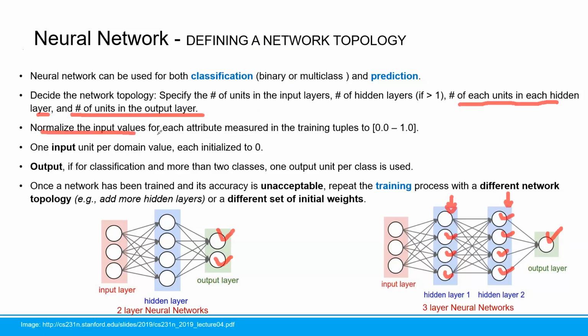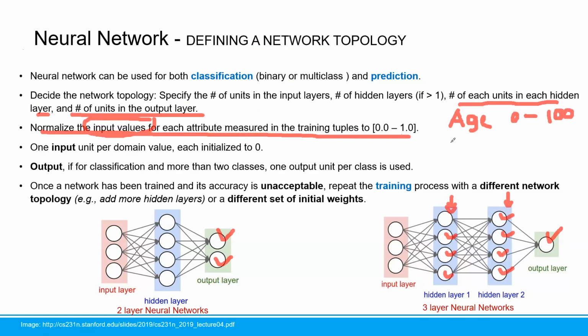Normalize the input values for each attribute measured in the training tuples to between 0 and 1. For example, I have age. Age is usually an integer number, maybe between 0 and 100.